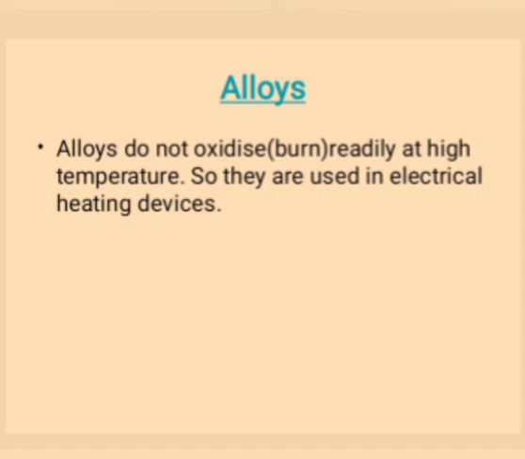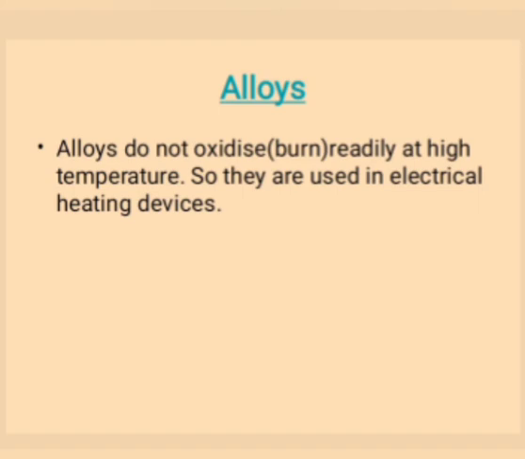Alloys are commonly used in electrical heating devices like electric iron, toasters. Why? Give reason. Because alloys do not oxidize, or burn, readily at high temperature. Alloys do not oxidize readily at high temperature, so they are used in electrical heating devices like electric iron box, toaster, etc.